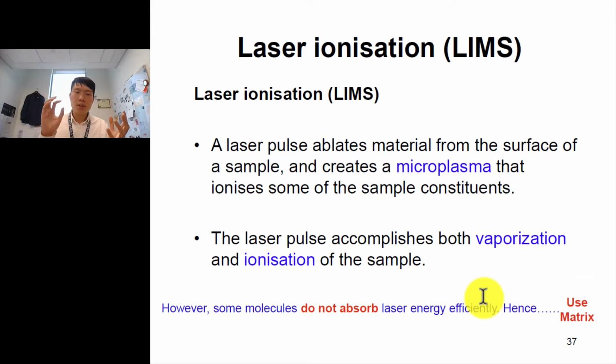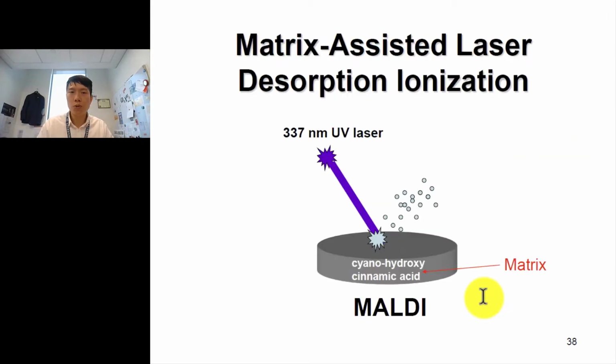But the thing is, some of these molecules don't absorb laser energy efficiently, right? So maybe the laser just buzzes and goes, it doesn't absorb. Therefore, we need to apply some kind of matrix to help it absorb the energy as a whole. Therefore, there's the invention of MALDI, which is one of the more popular mass spec methods. Matrix-assisted laser desorption ionization, MALDI.